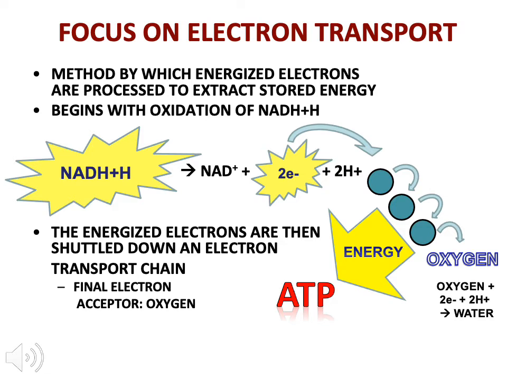We're going to remove the energy. We're going to make ATP. When we are done, the electrons hook up with oxygen, the final electron acceptor, and they, along with the oxygen, along with a couple of hydrogens that come along with the ride, form a molecule of water. That's the general idea. Let's see how it actually happens in our cells.